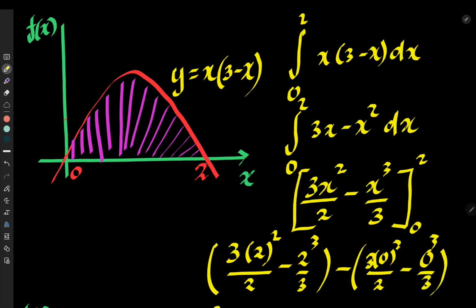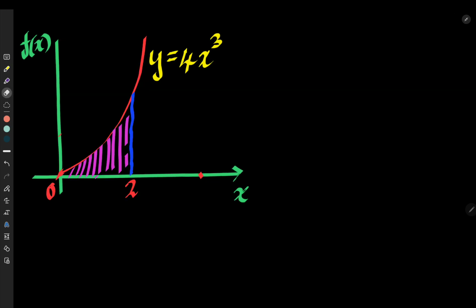Once we simplify that, the answer will be 10 over 3 units squared. So the area bound by the curve y is equal to x(3 minus x) is 10 over 3 u squared.